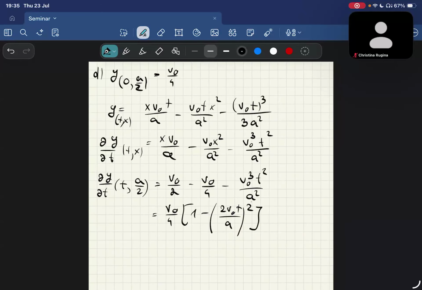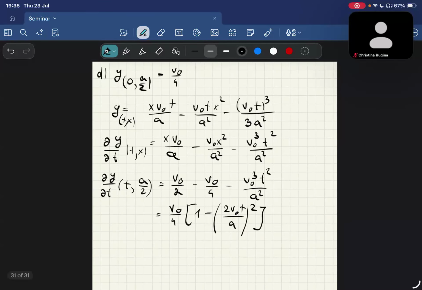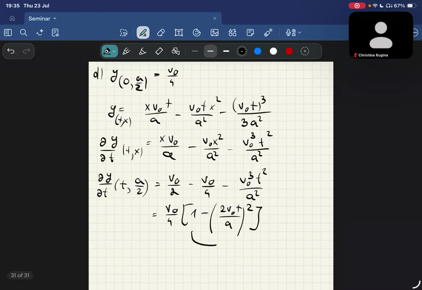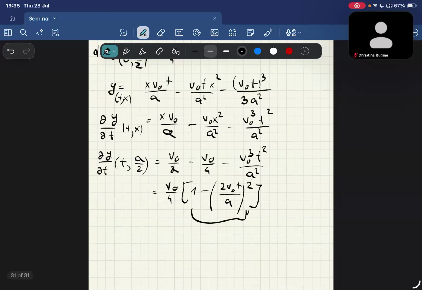Okay, good. We should show that this function vanishes when 2 v0 t over a is equal to 1, which is clear here.